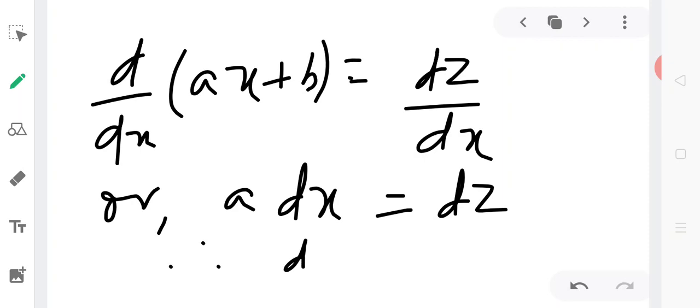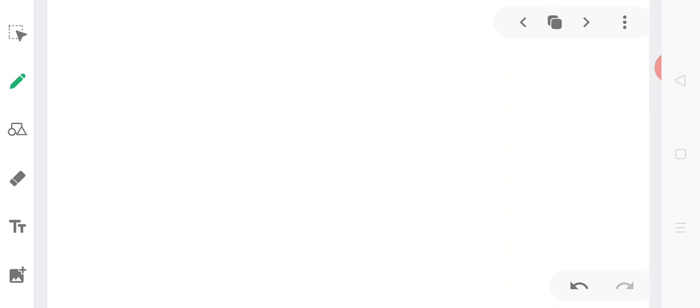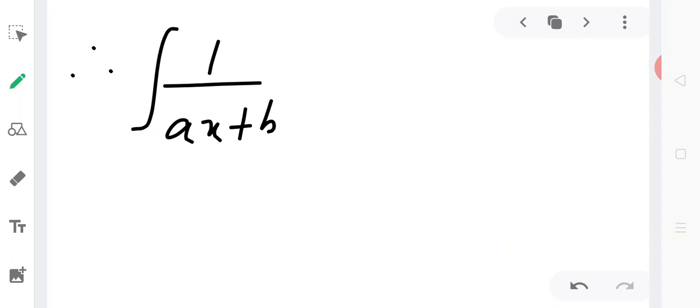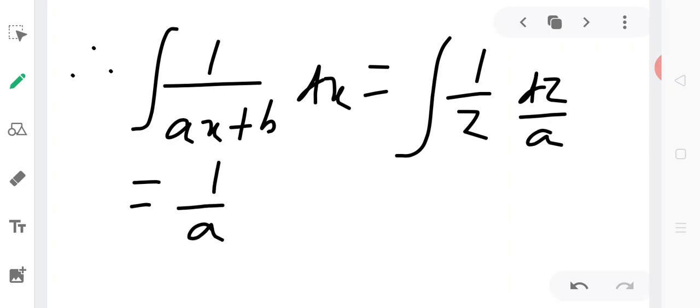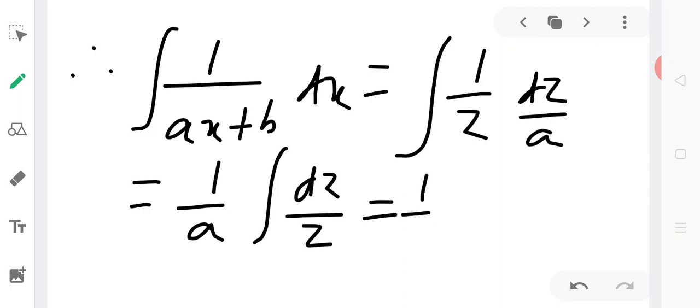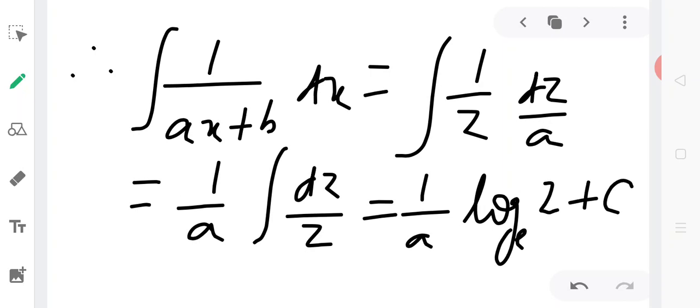Therefore, dz by a is equal to dx. Therefore, integral 1 by ax plus b dx is equal to integral 1 by z dz by a. This is equal to 1 by a integral dz by z, that is equal to 1 by a log of z plus the constant of integration.